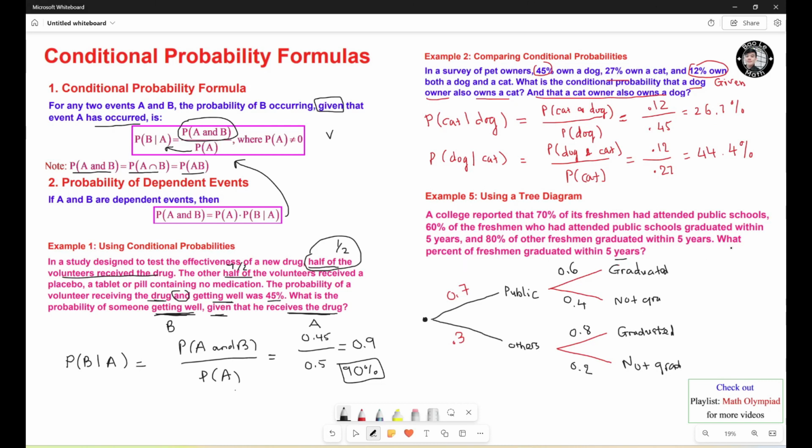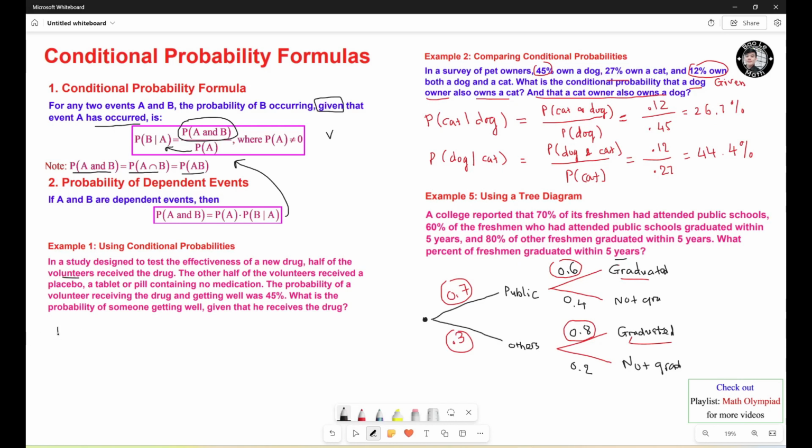Question: what percent of freshmen graduated within 5 years? For graduated, you need to look at these two right here, graduate and graduate. You take this one multiplied by this one, and then this one multiplied by this one, and you add them up. So we need to calculate the probability of public and graduate.